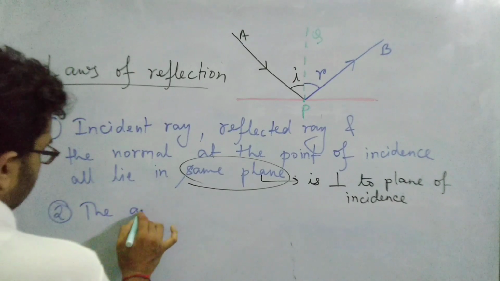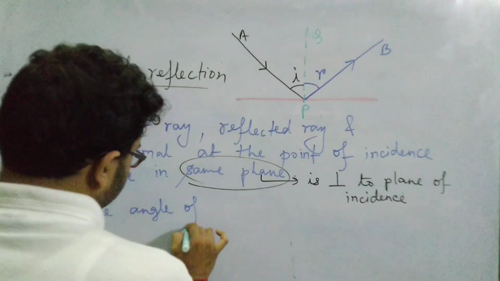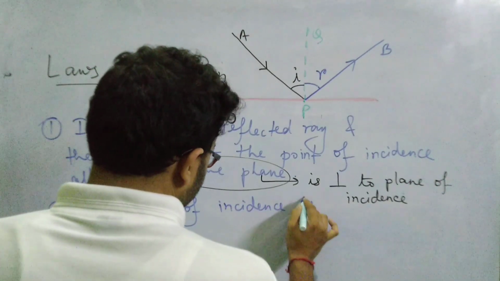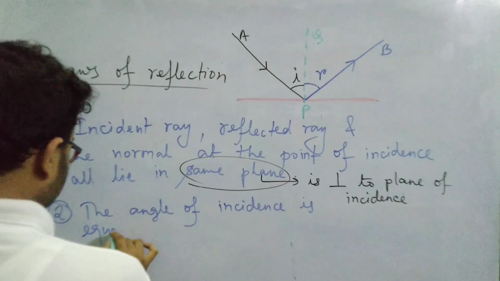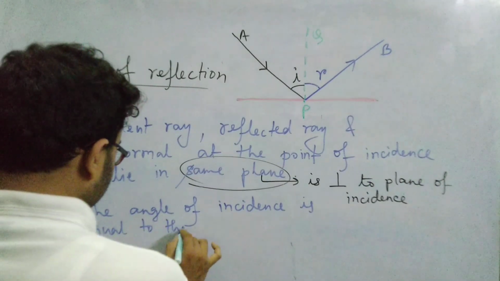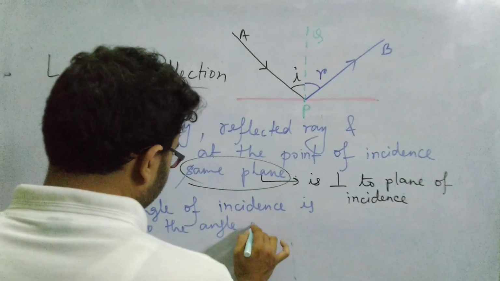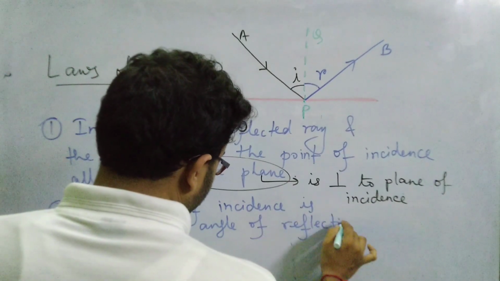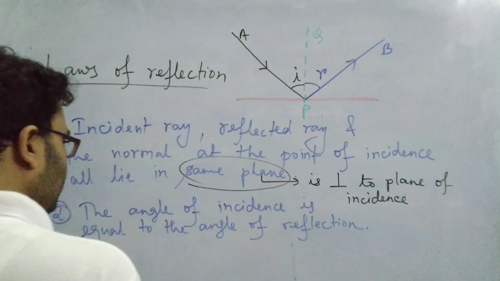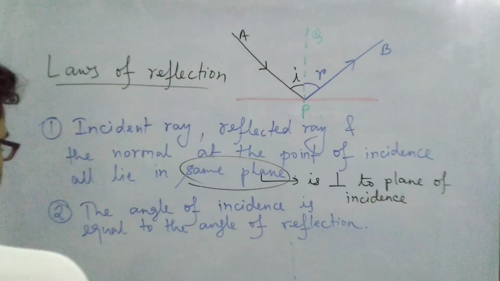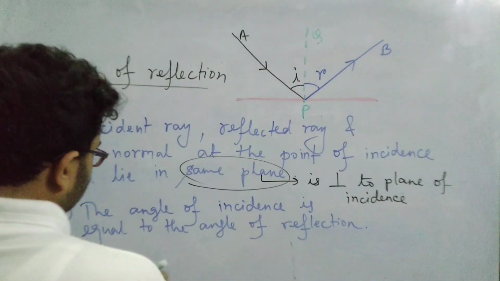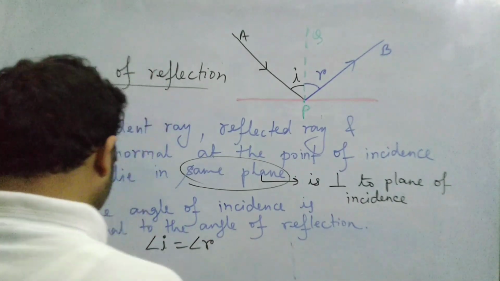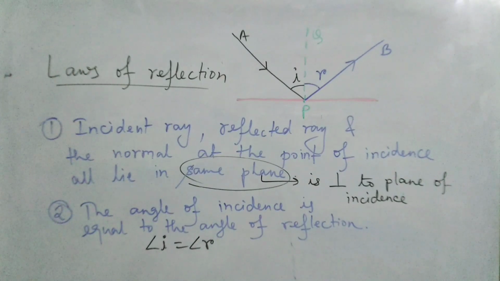So the second point is the angle of incidence is equal to the angle of reflection, that is angle I will be equal to angle R, and this is valid for any kind of reflection, be it regular reflection or irregular reflection.